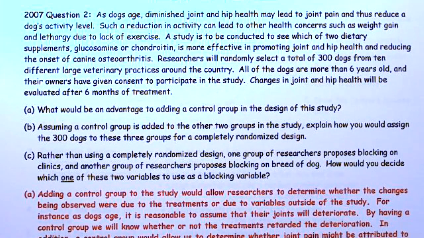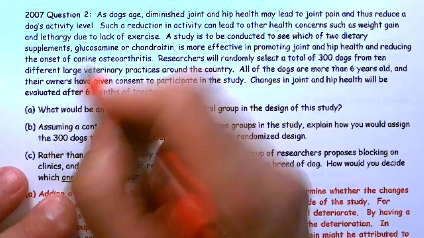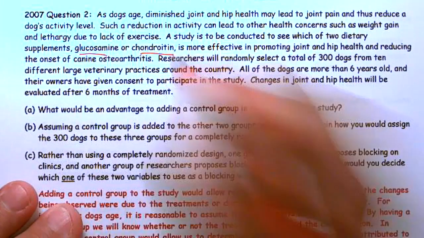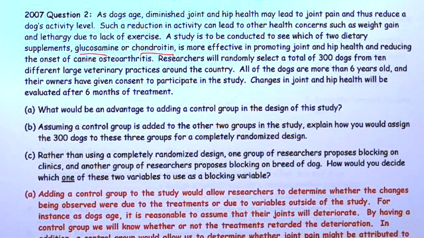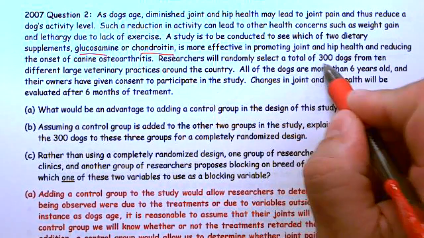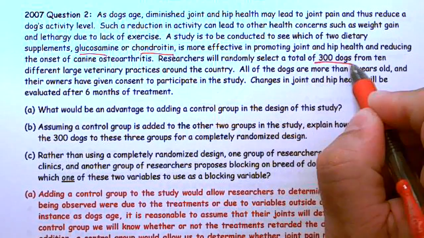A study is to be conducted to see which of 2 dietary supplements, glucosamine or chondroitin, is more effective in promoting joint and hip health and reducing the onset of canine osteoarthritis. Researchers will randomly select a total of 300 dogs from 10 different large veterinarian practices around the country. We have 300 dogs.